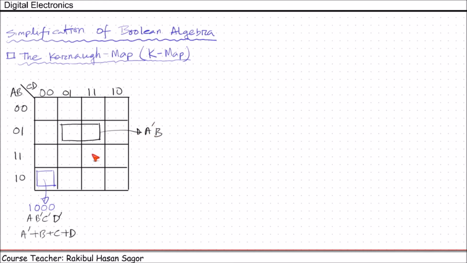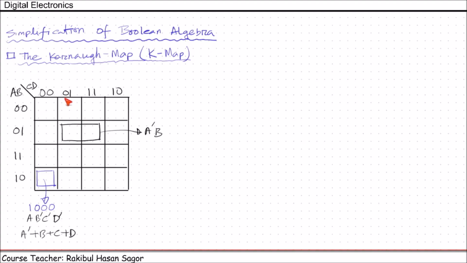But for the vertical line, we have c equal to 0 in this vertical line and c equal to 1 in this vertical line, d equal to 1 in this vertical line and d equal to 1 in this vertical line. Now as we are getting all the values of c, that means for c equal to 0, this box is true. For c equal to 1, this box is true.